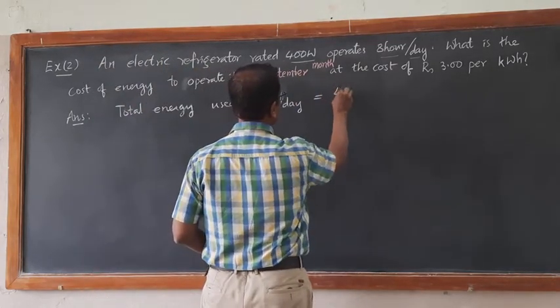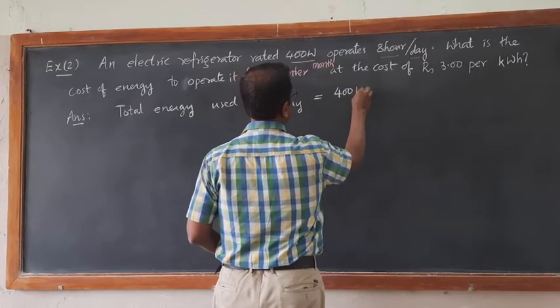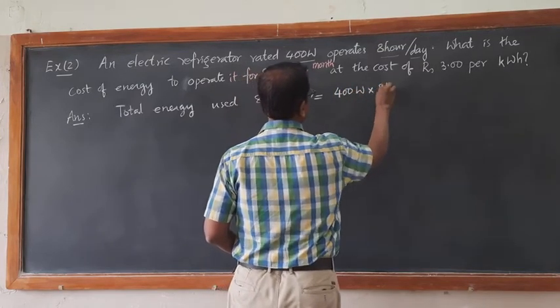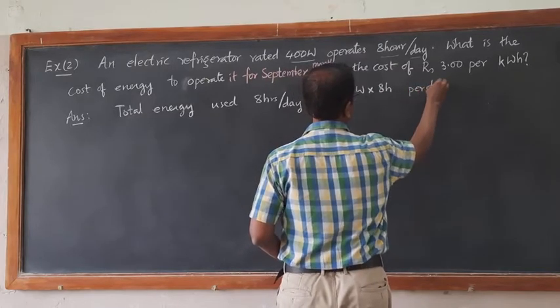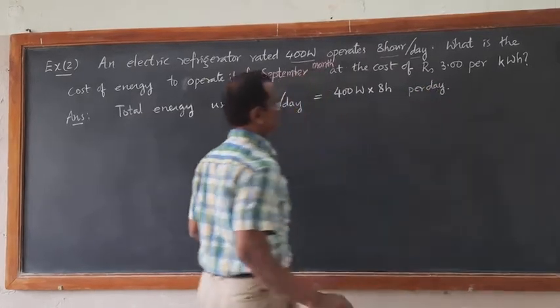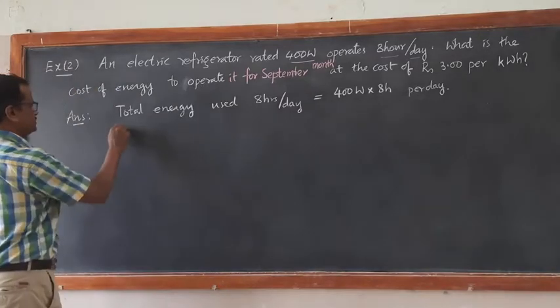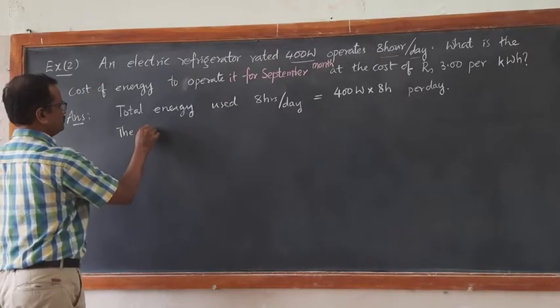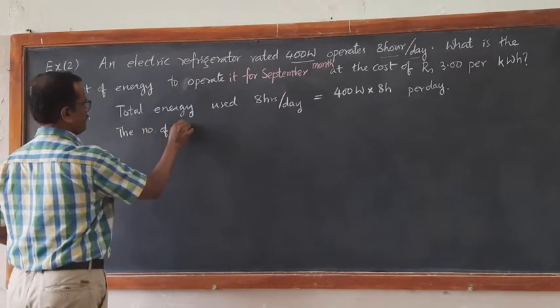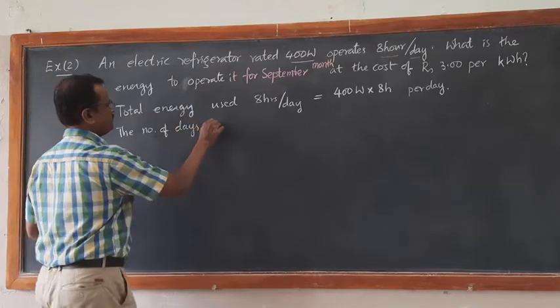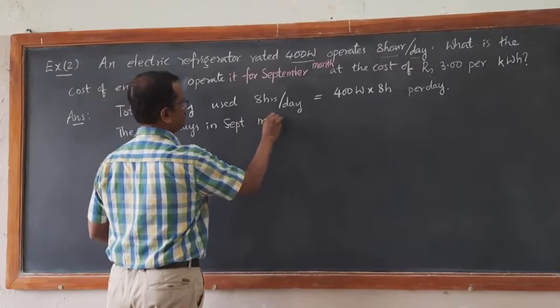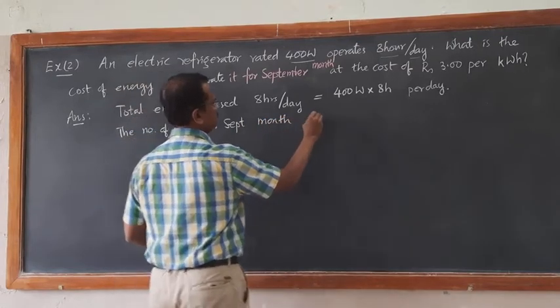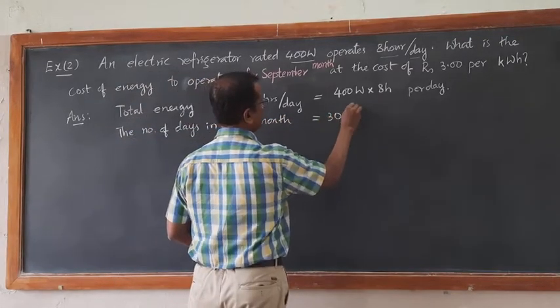So 400 watts into 8 hours per day. The number of days in September month is equal to 30.